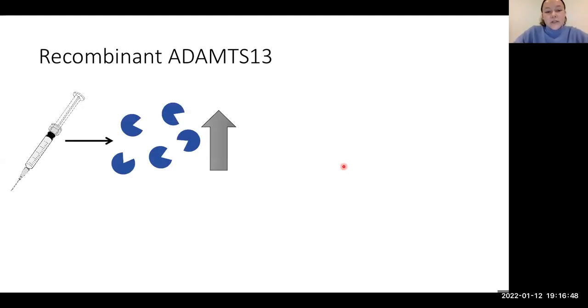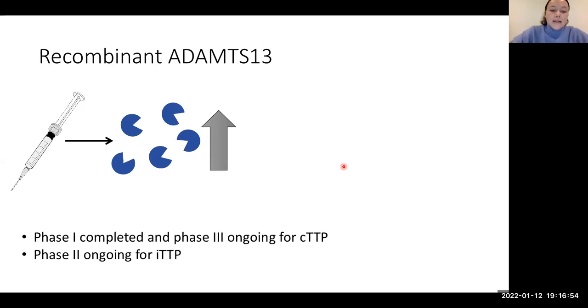Infusion of this protein has the end goal of boosting ADAMTS13 levels in the patient. And as I'm sure you're aware, the phase 1 trial for this recombinant ADAMTS13 was completed, and phase 3 is ongoing for congenital TTP, but also phase 2 ongoing for immune-related TTP. And that's really where I'm sure Professor Scully was giving you the expertise.